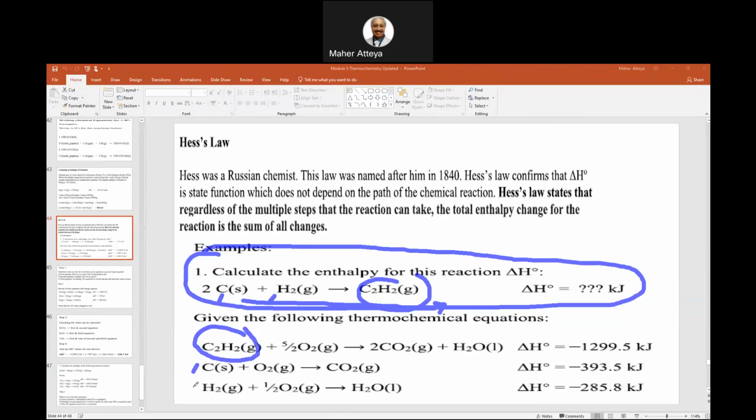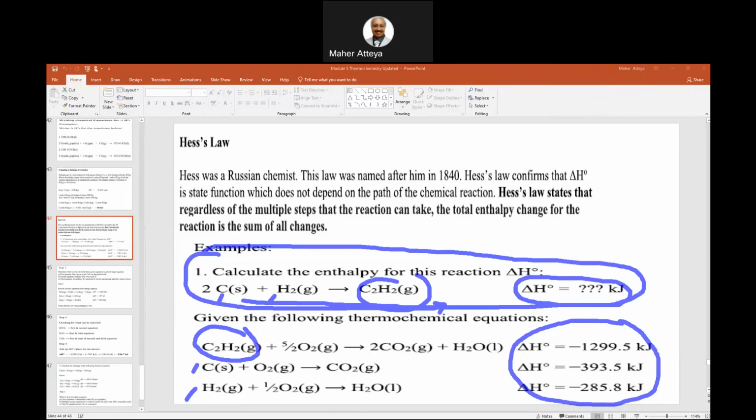Then the third reaction is this. Out of these 3 values, you have to determine the heat of the reaction, the heat of formation. What is the heat coming out of this if you take it in one step, or you go through 3 different steps? At the end, you end up with the same value, whether you make your experiment direct or you take different steps.